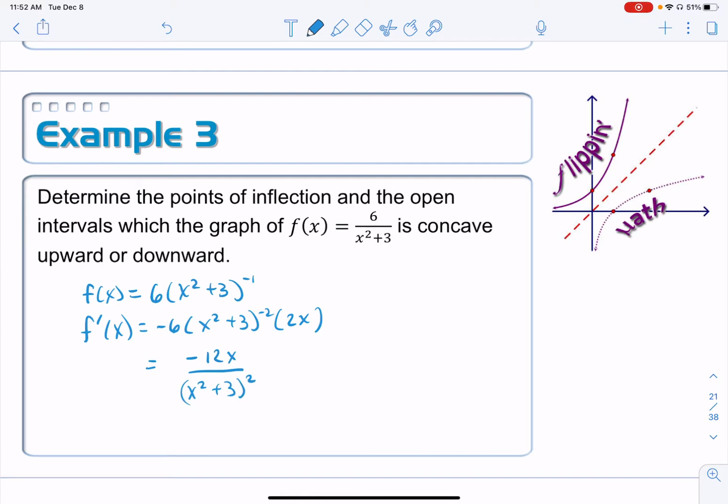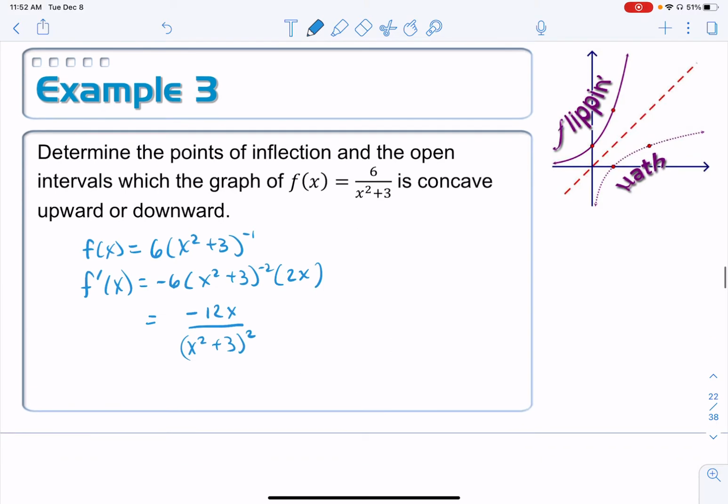All right, so far I have my first derivative. If I were to find where this was equal to 0 or undefined, I would be finding the potential mins and maxes. And for me, that would be 0. Where x is equal to 0, we could have a minimum point or a maximum point there. And notice that down here, that's never equal to 0.